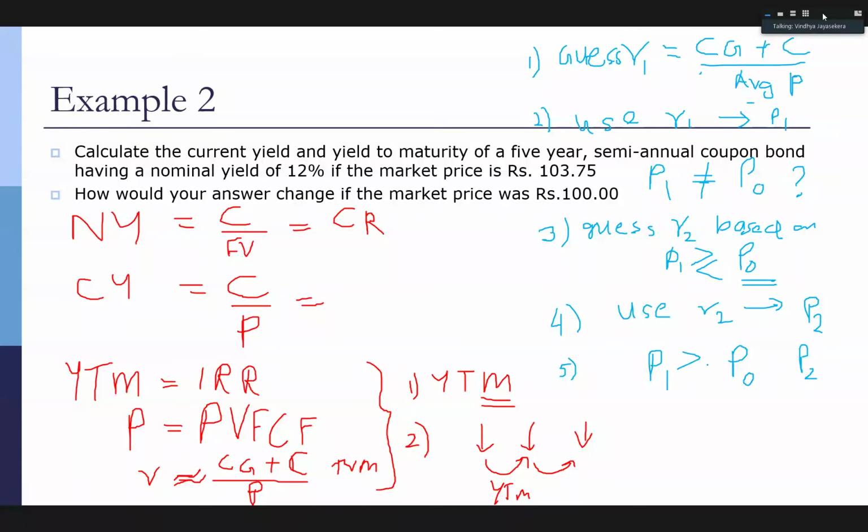It could be higher or lower. If it is higher, P1 must be higher than P2 and P0 must be in the middle. If it's lower, P1 must be lower than P2 and P0 must be in the middle, right? As long as this condition is met, you can interpolate to find R0.